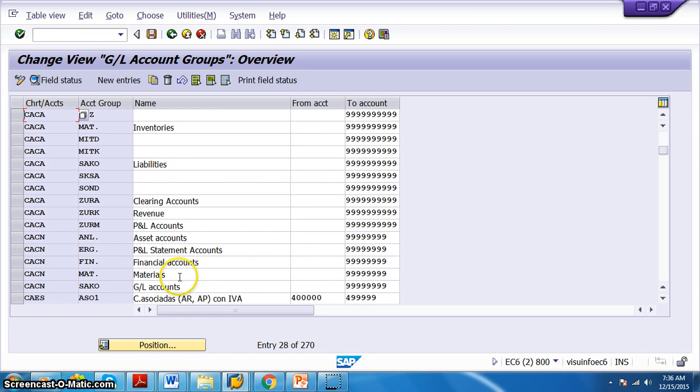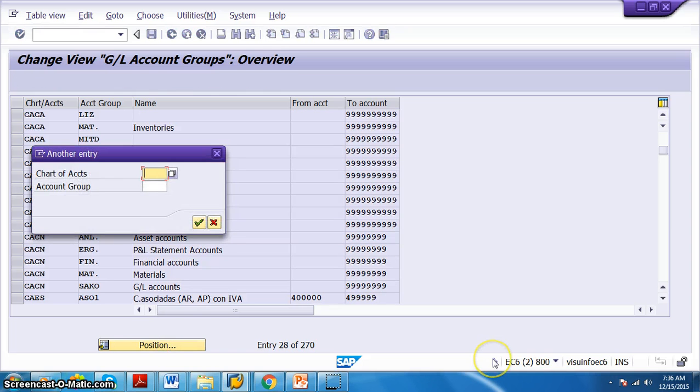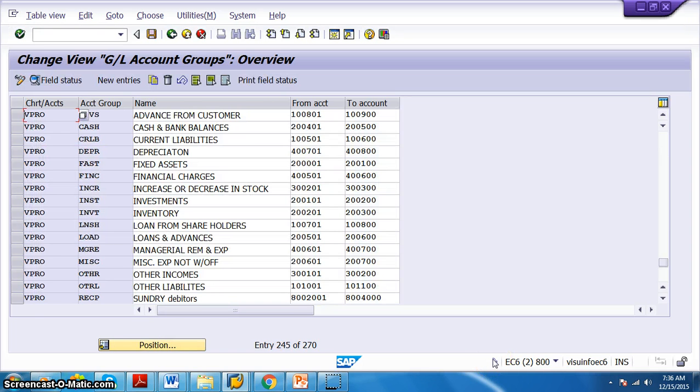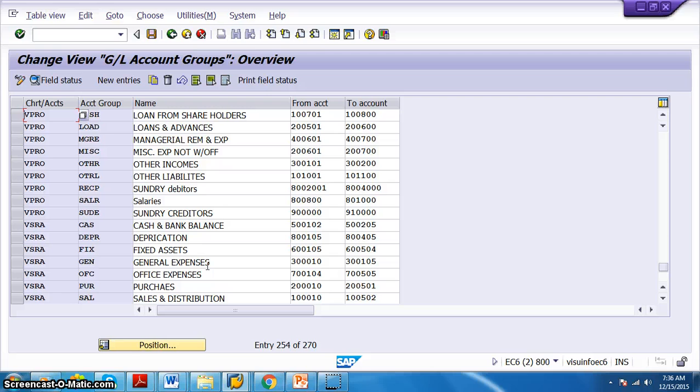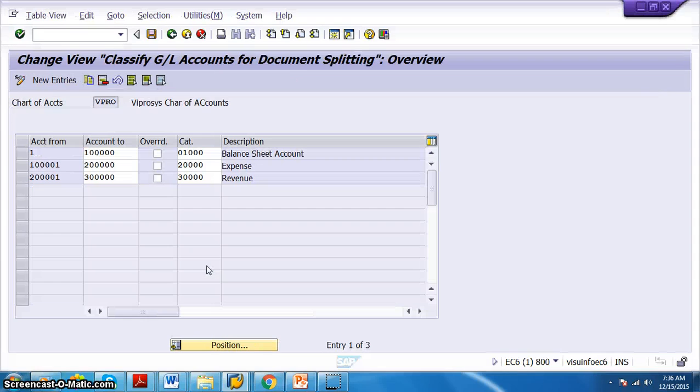In OBD4, we have something called position VPRO. In the VPRO, we have advance from customer, cash and balances, current liabilities, depreciation, fixed assets, and all these things. We have sundry liabilities, sundry debtors, salaries. Okay, these are the things that we have.